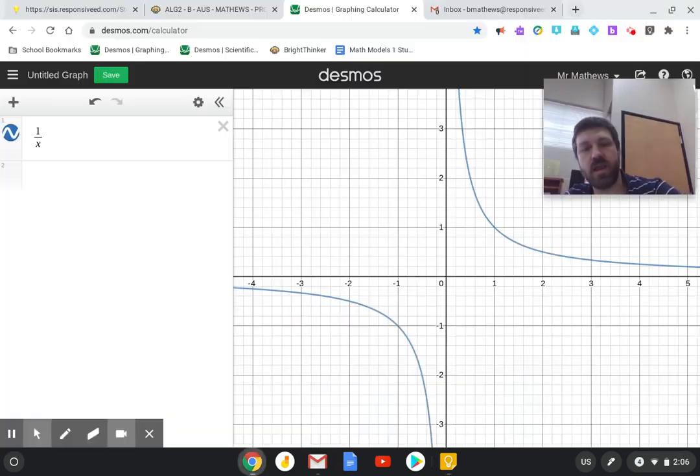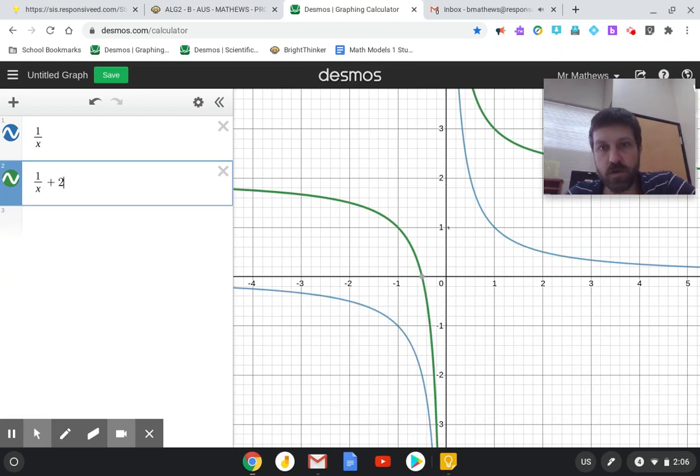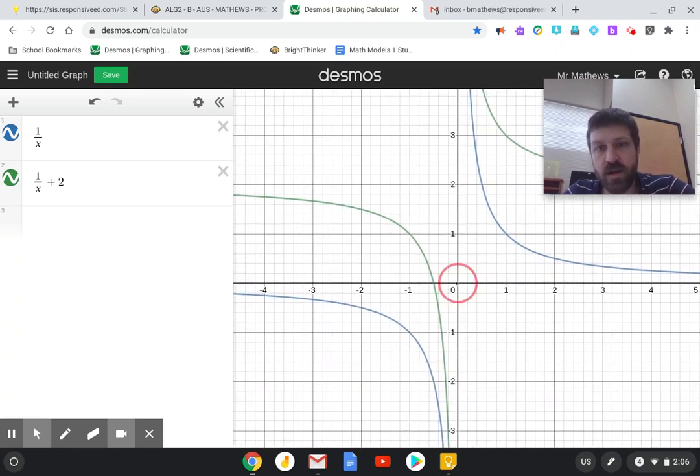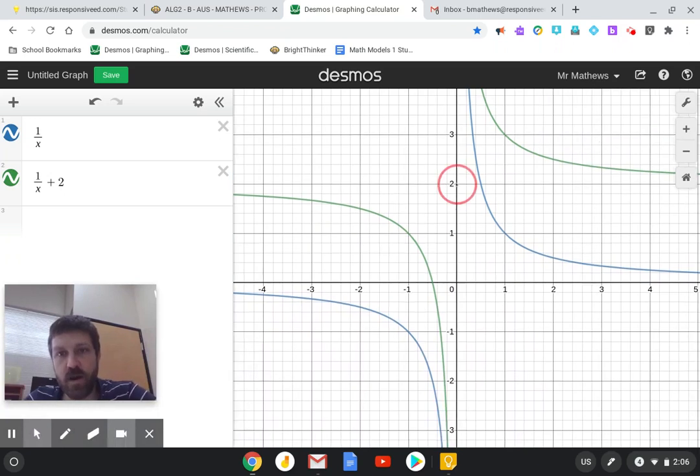So let's look at what that looks like actually on the graph. So here's the parent function. Let's do 1 over x plus 2. So it's kind of maybe hard to see, but before, the center of this graph was right here at the origin, and now the center of the green graph is in a sense right here at plus 2.